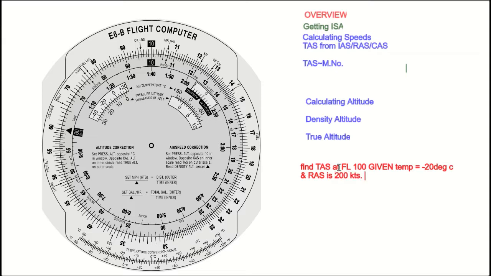Okay, so how do we go about doing this? We have to find out the TAS at flight level 100 given the temperature is minus 20 degrees Celsius and RAS is 200 knots. So what do we do?